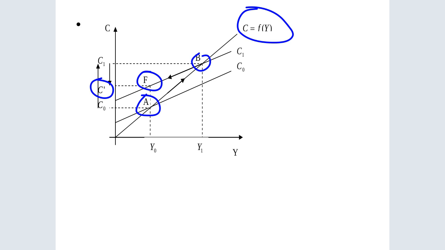But the consumer does not move back along the long-run consumption function. Instead, he moves back using the short-run consumption function C1, and therefore he will spend at point F. Point F is higher than point A. Therefore, the consumption level that is associated is C double prime.